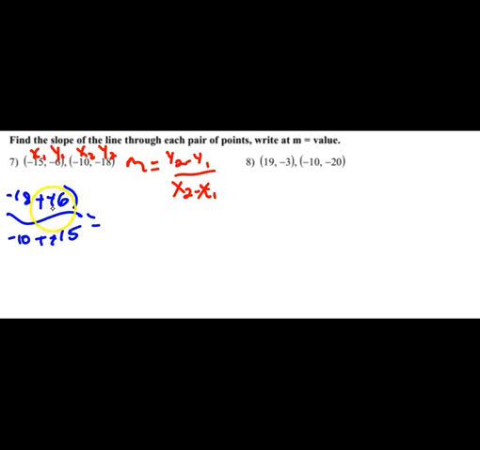So negative 18 plus 6, it's going to be negative 12. Negative 10 plus 15 is going to be positive 5. We can't reduce that any further, so we're going to say here m equals negative 12 over 5, and that will be our answer.